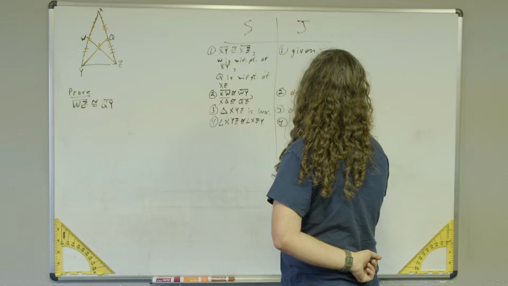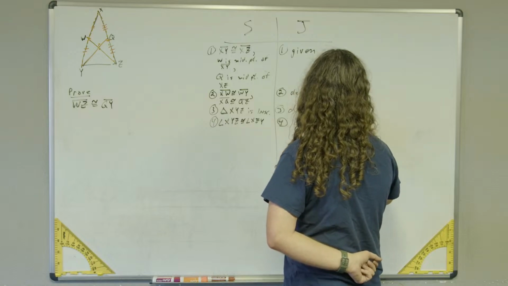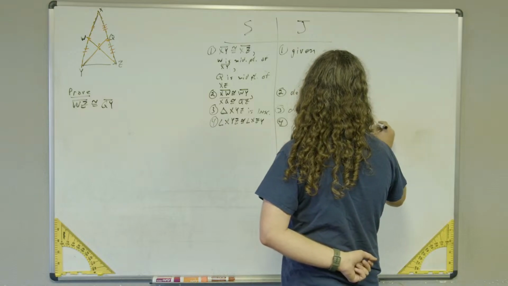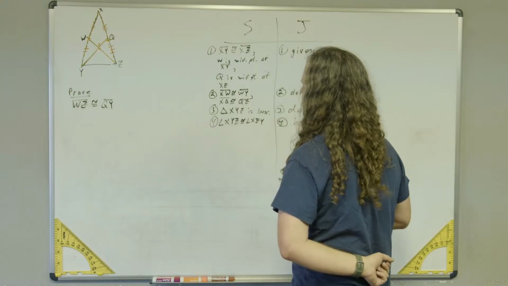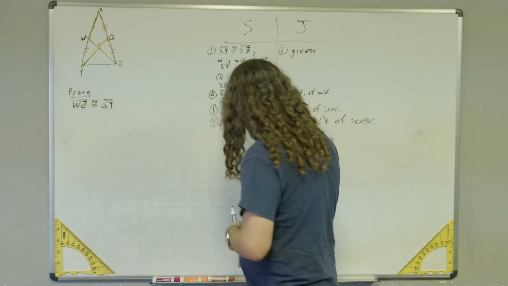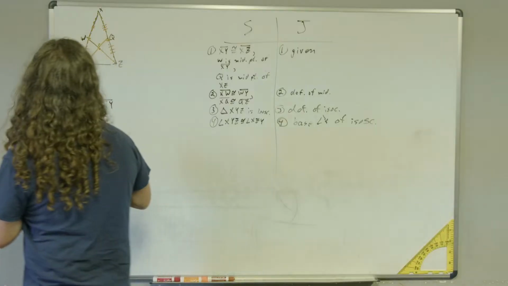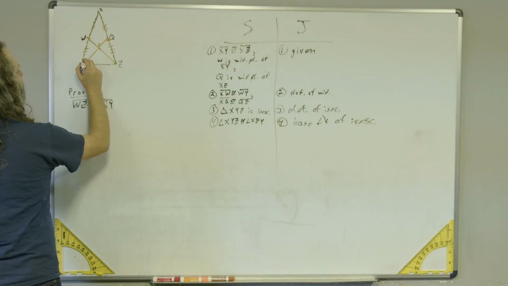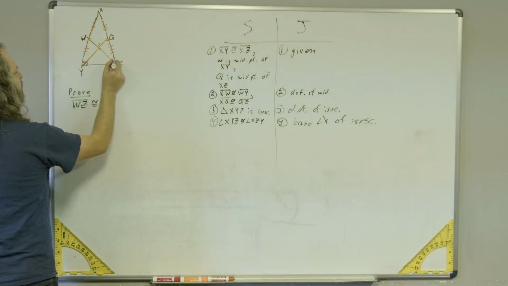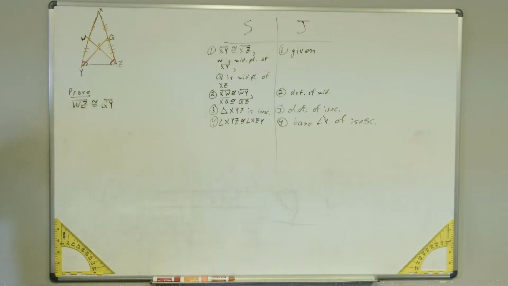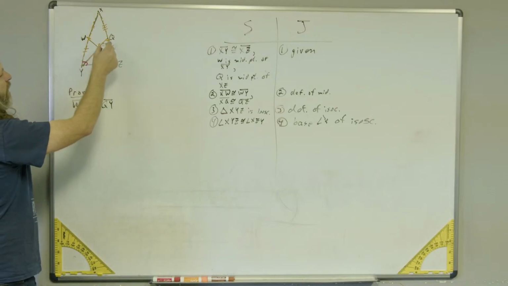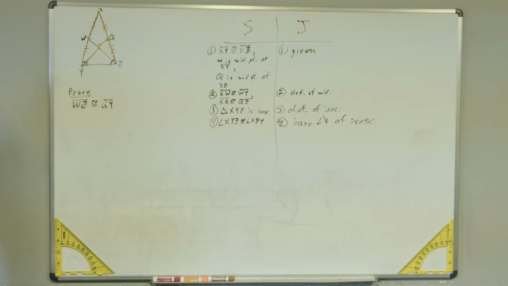Base angles of isosceles. Okay, so we just said that this is congruent to this. If we get one more bit, we could say that this triangle and this triangle are congruent, which would pretty much get us there, right? Because then we could CPCTC the rest.